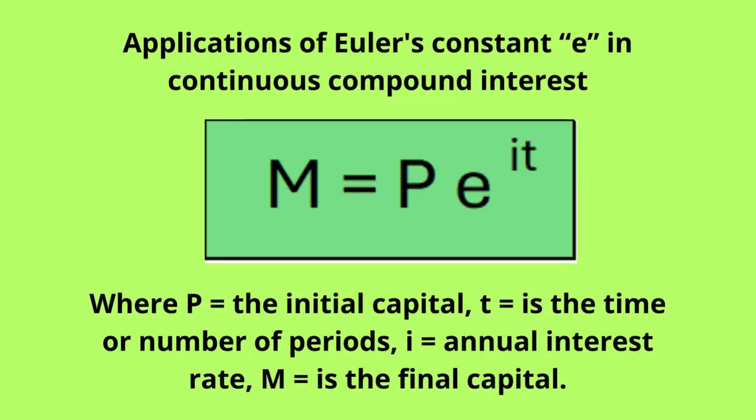Now we have applications of Euler's constant e in concepts such as continuous compound interest with the formula m equal to p times e raised to the exponent i times t, where p is the initial capital, t is the time or number of periods, i is the annual interest rate, m is the final capital. Finally, we have a second application.